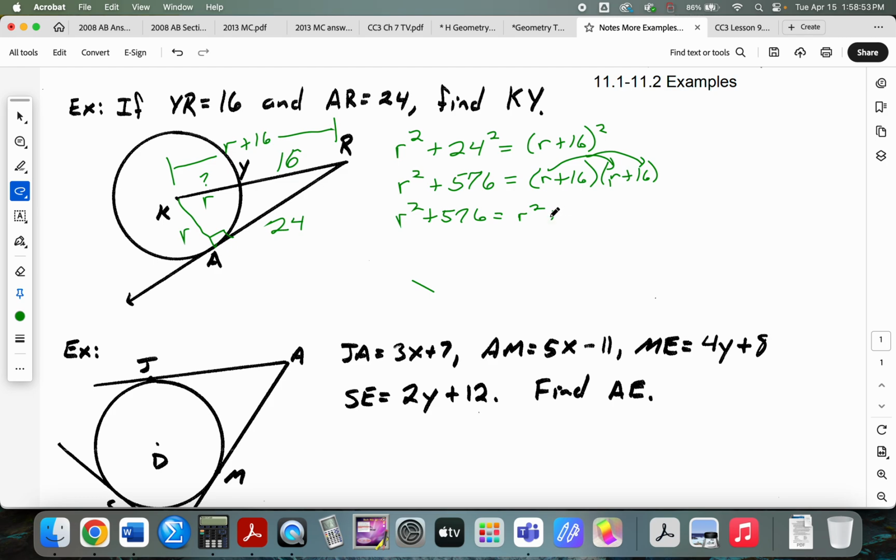R times 16 is 16R. Then we'll distribute the 16. 16 times R and 16 times 16. Well, 16 times R is another 16R. And 16 times 16 is 256.